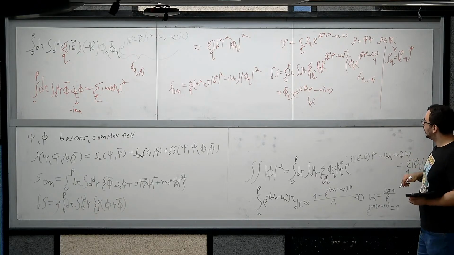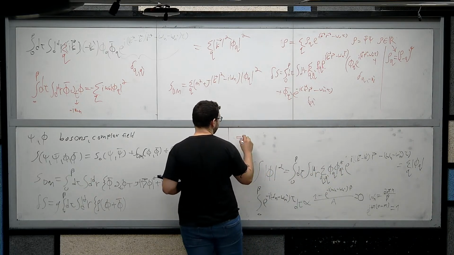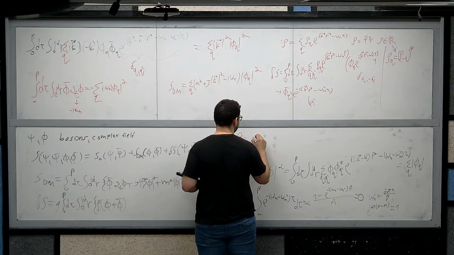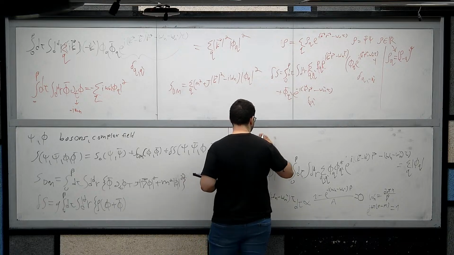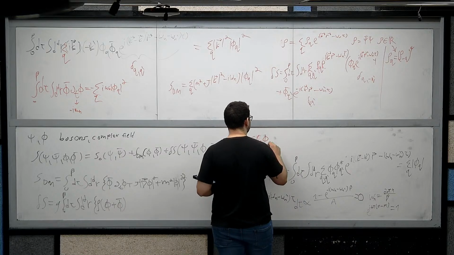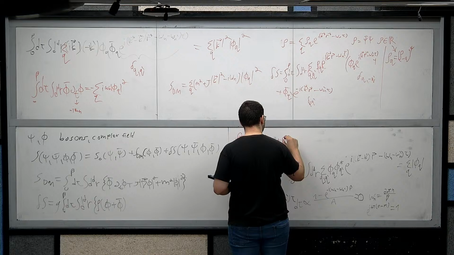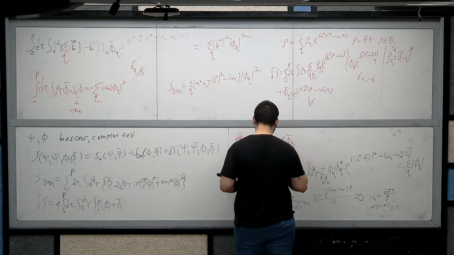Right. Okay, so we get it's equal to sum of q, rho q psi minus q plus rho q psi conjugate q.